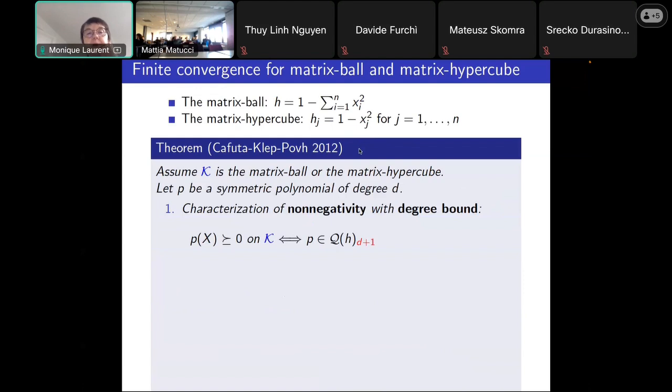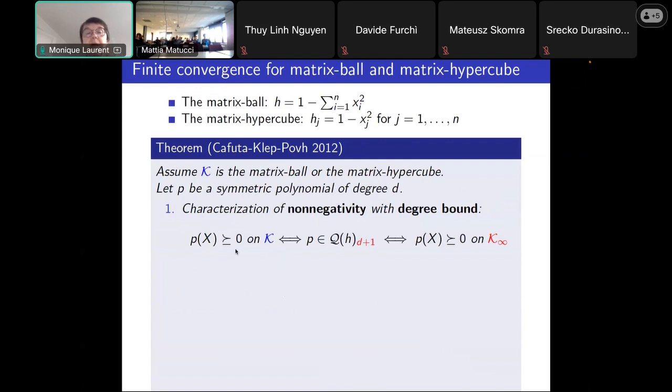So assume that our feasibility region is a matrix ball or the matrix hypercube. In other words, either this constraint H or these constraints Hj here. And let's pick a symmetric polynomial P of degree D. Then what they showed, the first thing they showed, is that P of X is positive on K if and only if it lies in the quadratic module truncated at degree D+1.